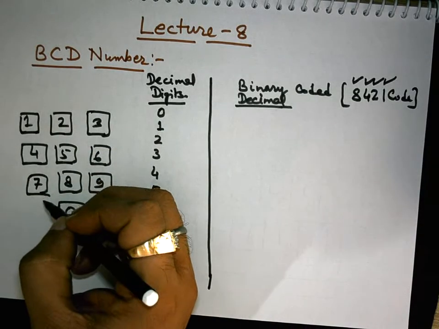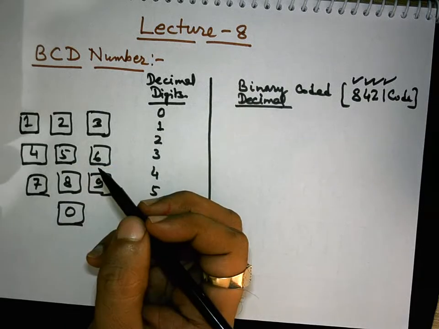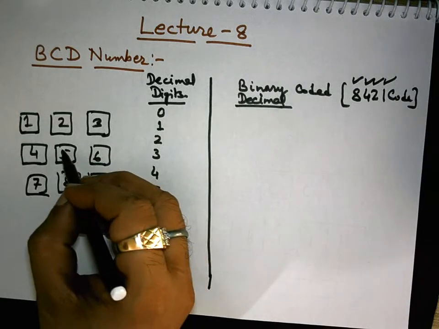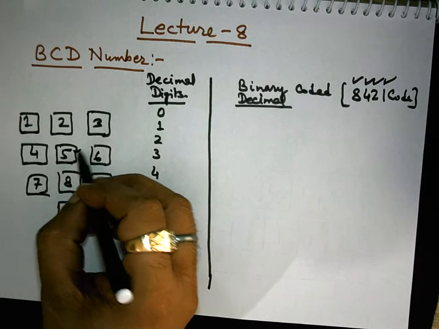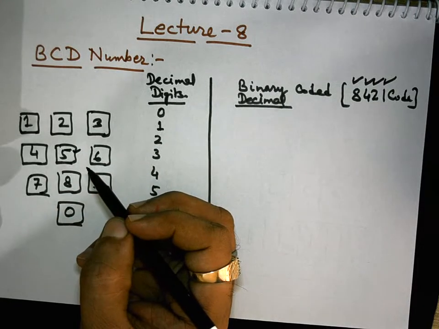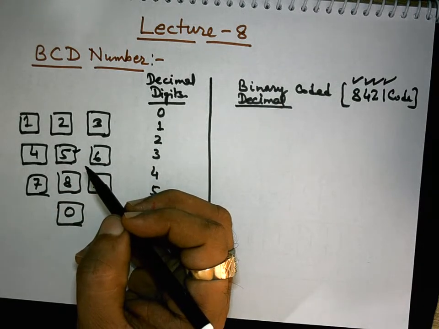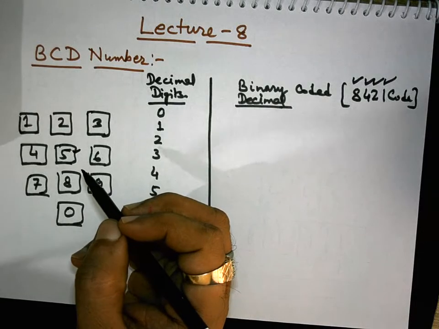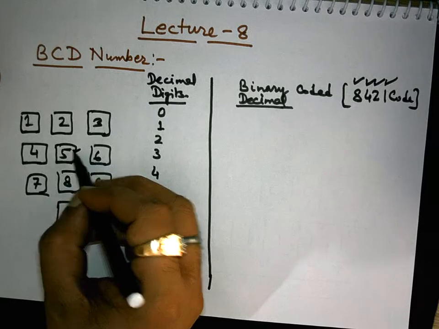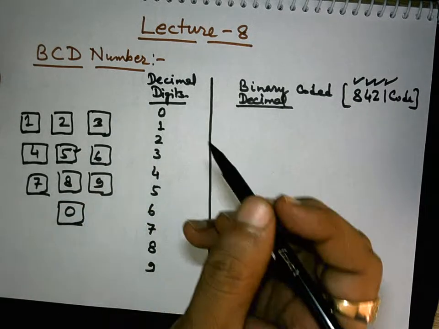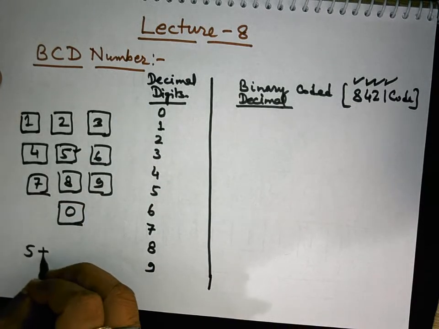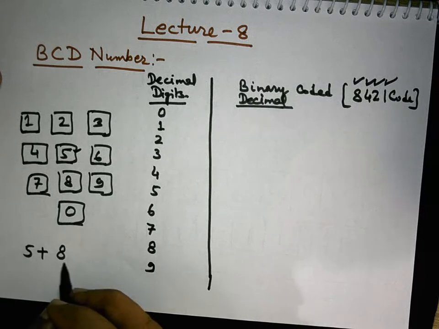And as you also know, a calculator is a digital machine. This means it cannot understand what 5 is. It can understand only the binary code of 5, and it processes the binary coded form of this 5. Suppose I perform a problem using our calculator, say 5 plus 8.